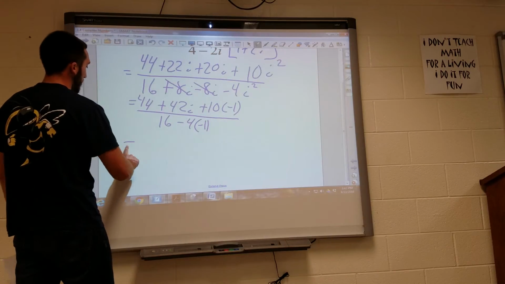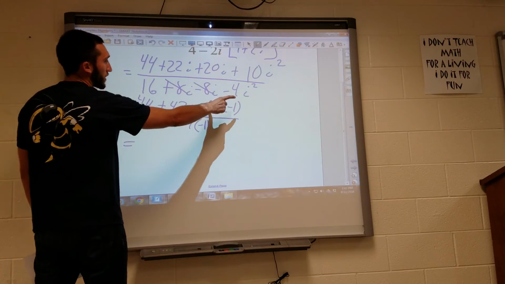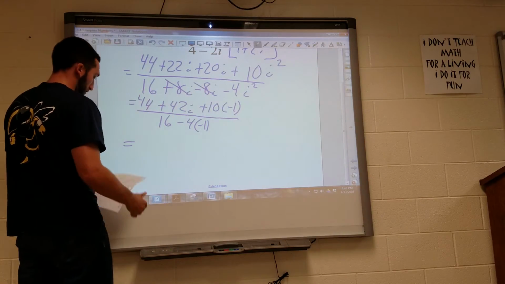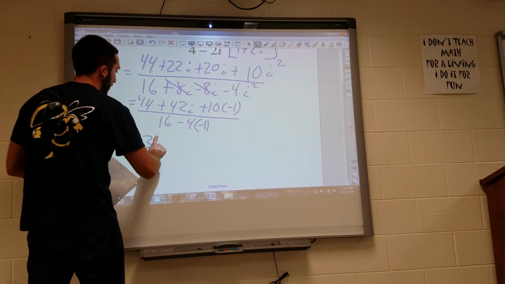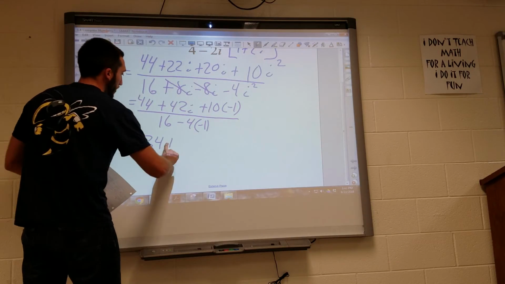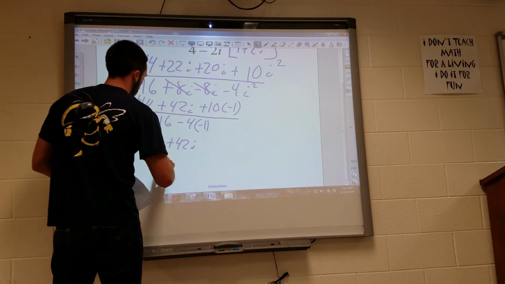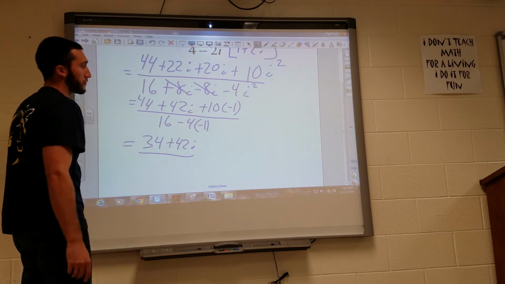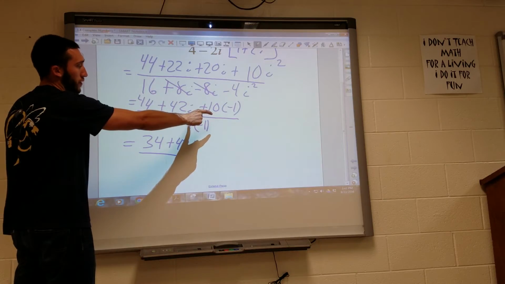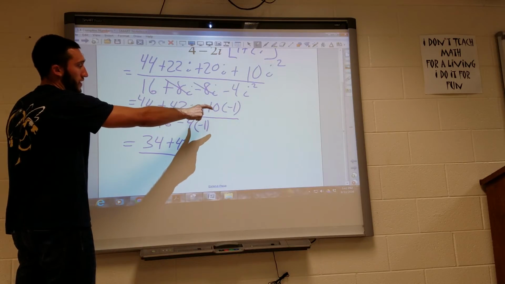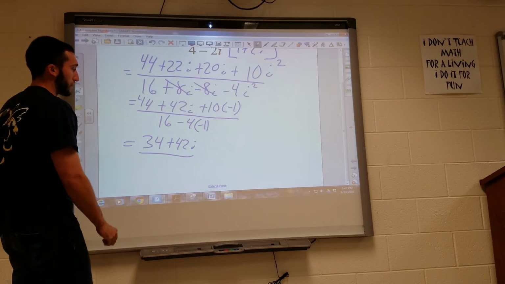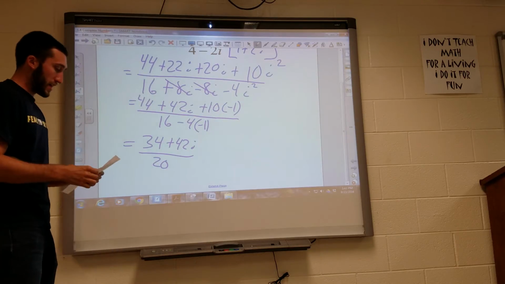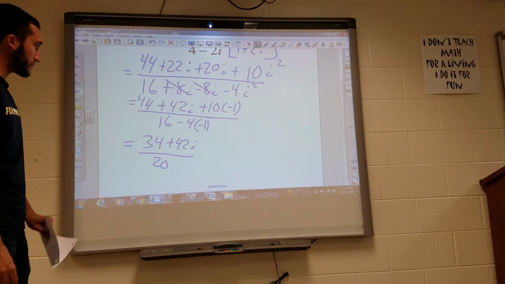So as we keep simplifying, we see here we have a negative 10, we have a positive 44, so we end up with a positive 34 plus 42i. And then in the bottom we had a 16 minus 4 times negative 1, so that 4 times negative 1 turns it into a negative 4, so minus a negative 4 makes it a positive 20 in the denominator.